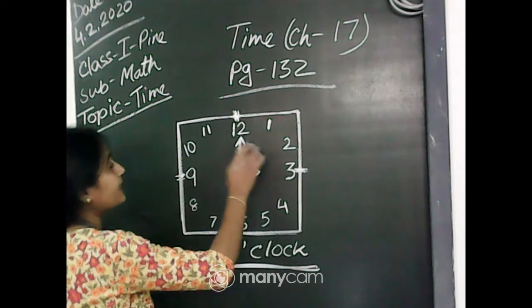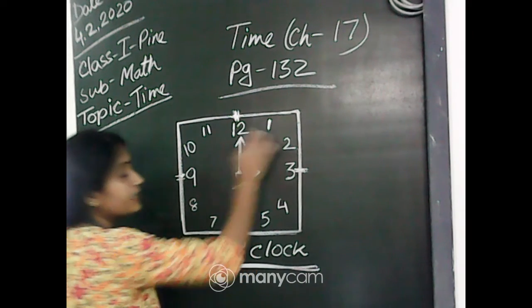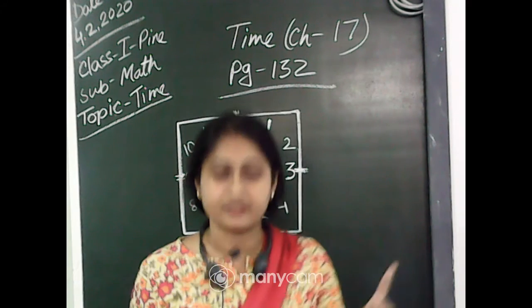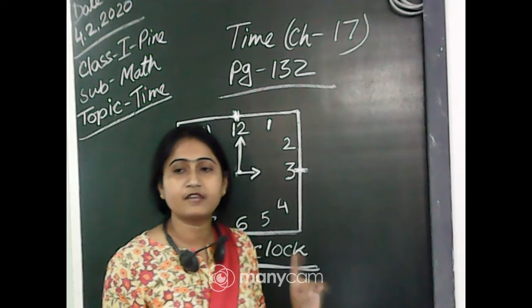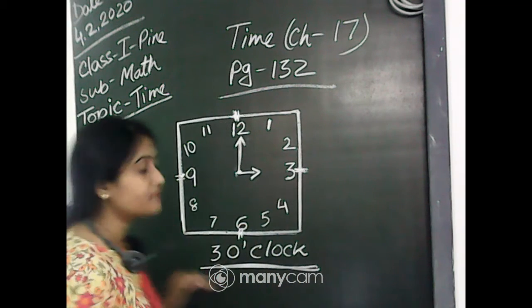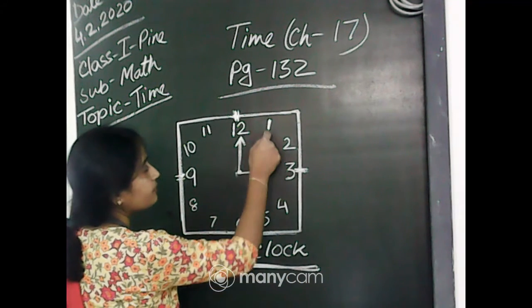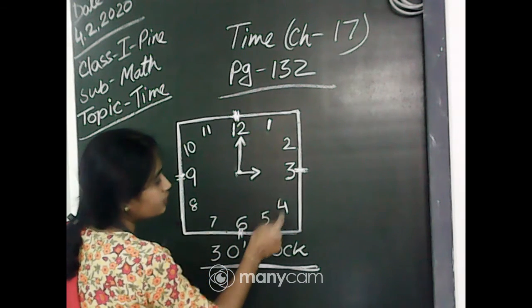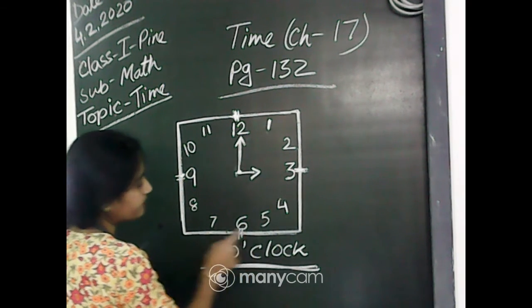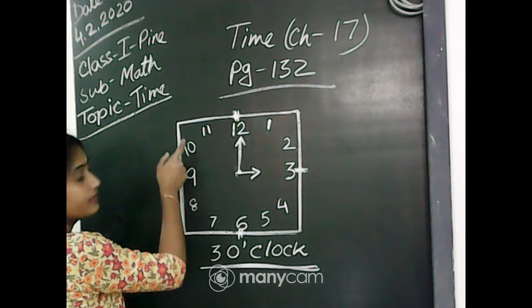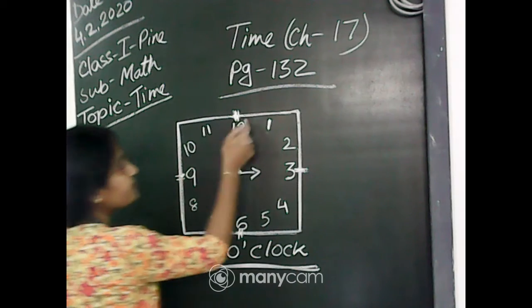Do you know 60 minutes equal 1 hour? How do the 60 minutes come? The big hand goes 5, 10, 15, 20, 25, 30, 35, 40, 45, 50, 55, 60.